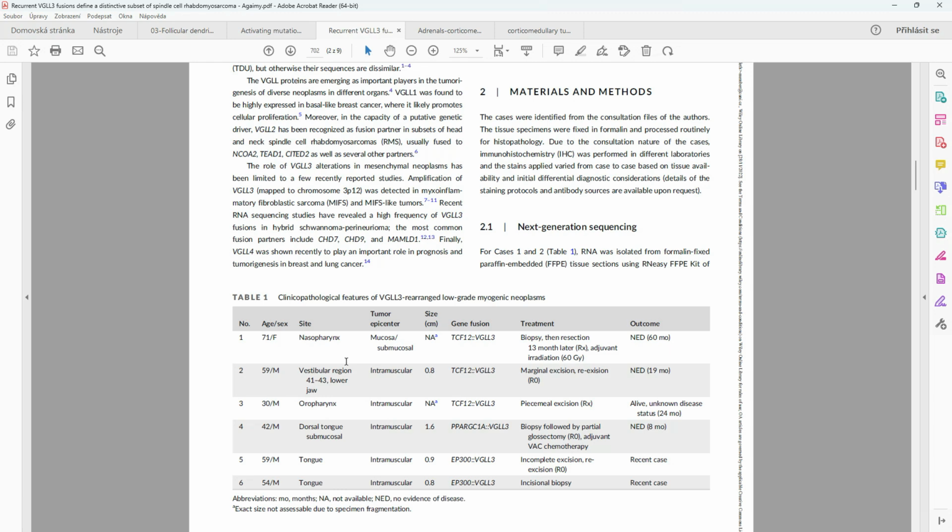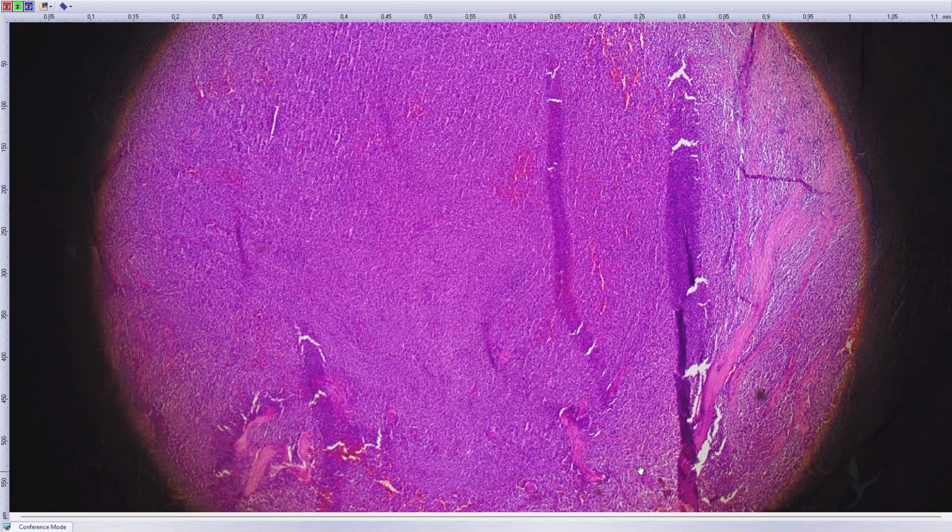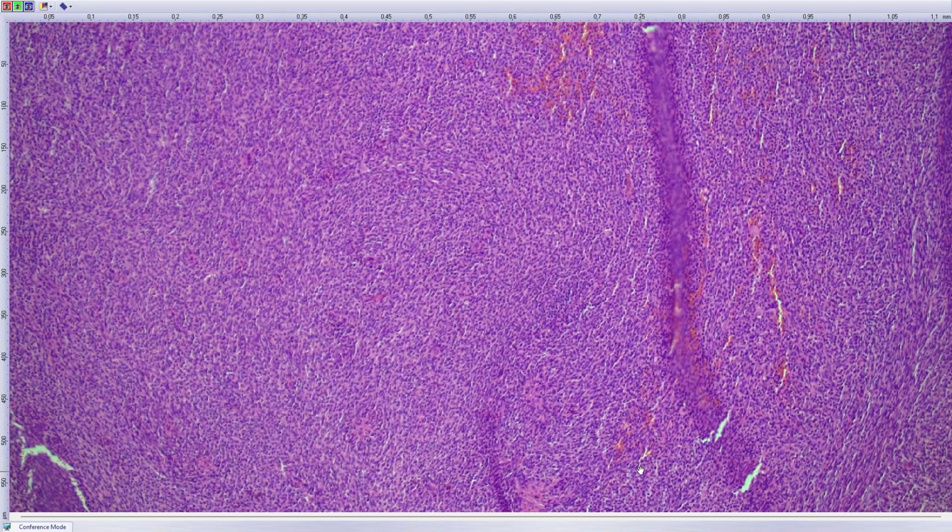And what is most important, none of the cases so far reported, also in some other studies, has ever behaved in an aggressive fashion. None of them metastasized. So despite these tumors still being called rhabdomyosarcomas, they seem to be much more indolent.